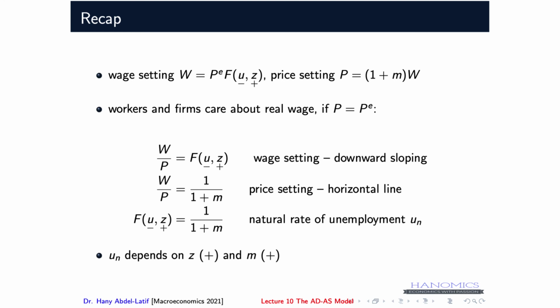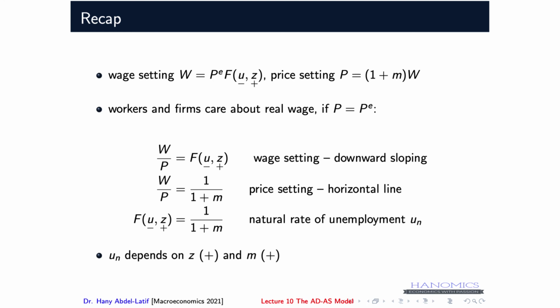So we plotted these two together: on the vertical axis, to be more accurate, 1 over 1 plus the markup, or the real wage, W over P, and on the horizontal axis we had the unemployment rate.